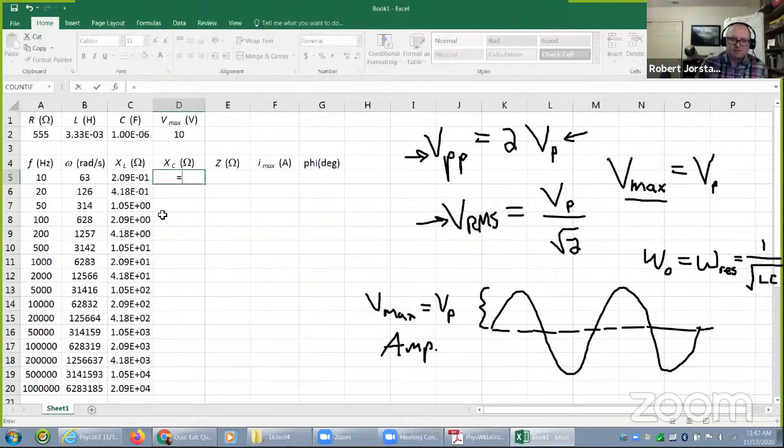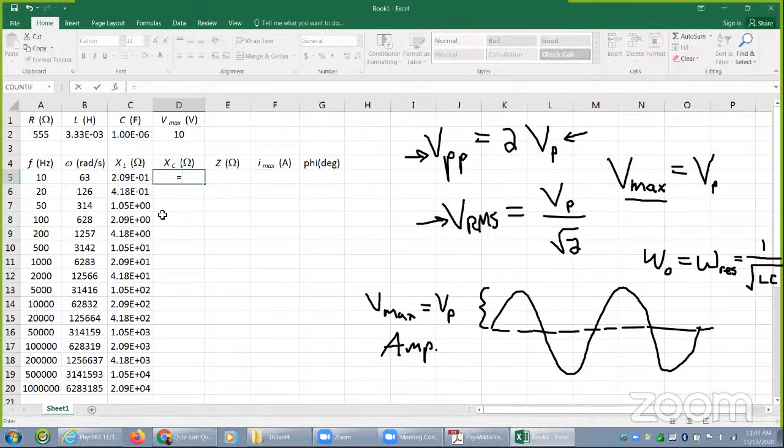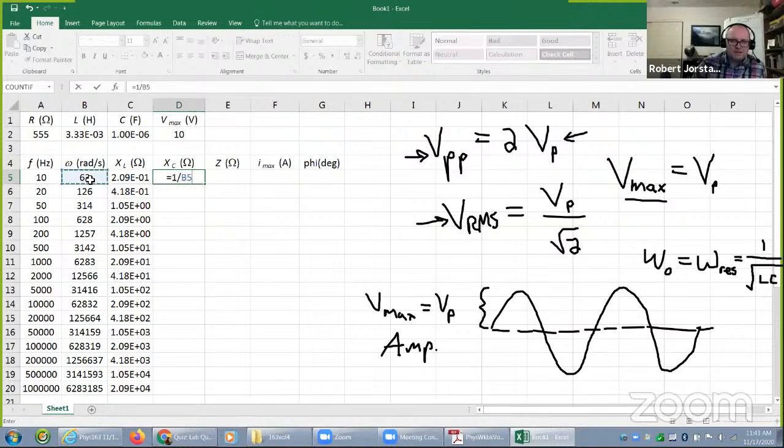Somebody else. So we've had Nick, we've had Trey, somebody else. How do I get X subscript C, the capacitive reactance? 1 over omega times C. Yep. So I'm going to do 1 over omega times C, right? That's the same thing, agreed? And then what do I need to do before I fill down?